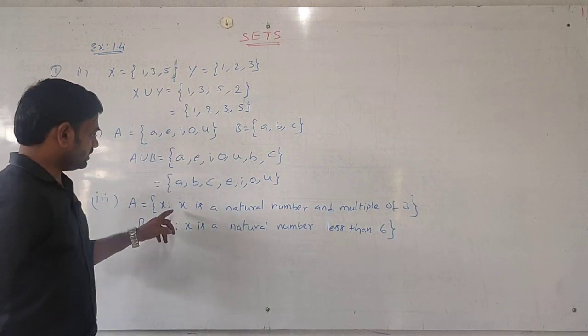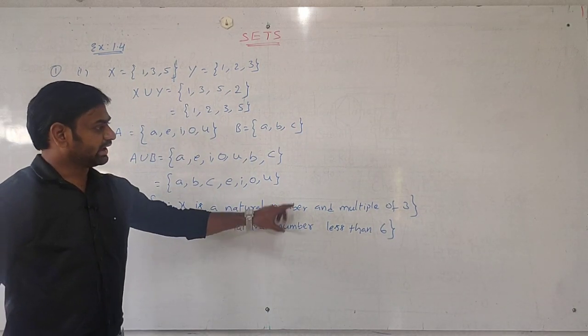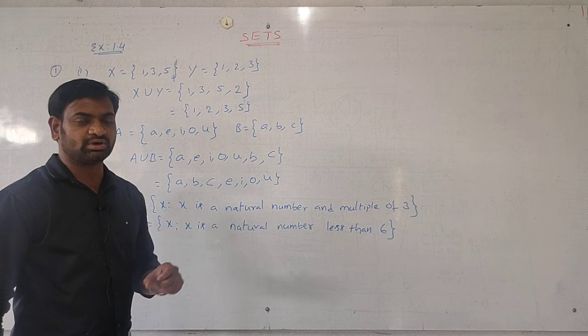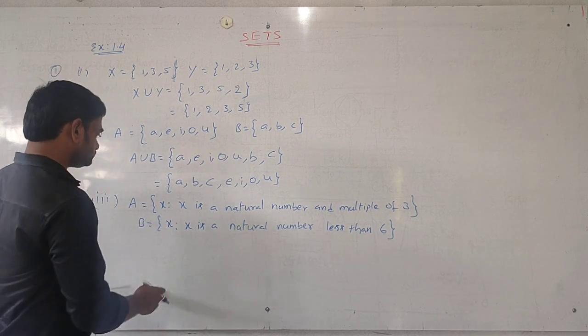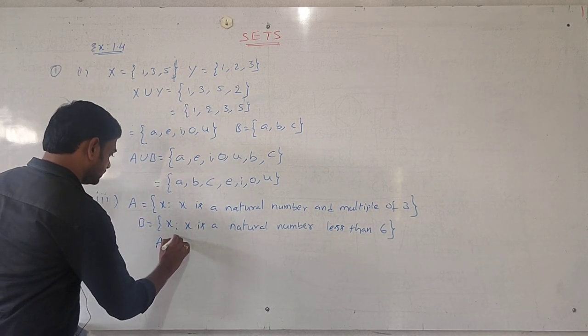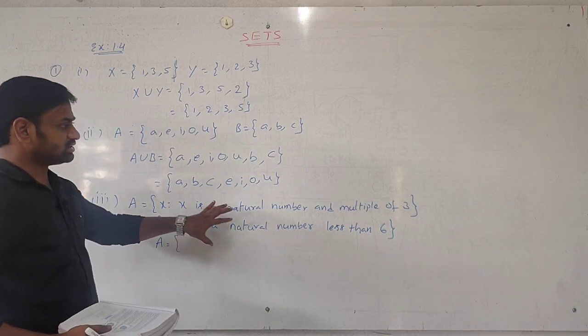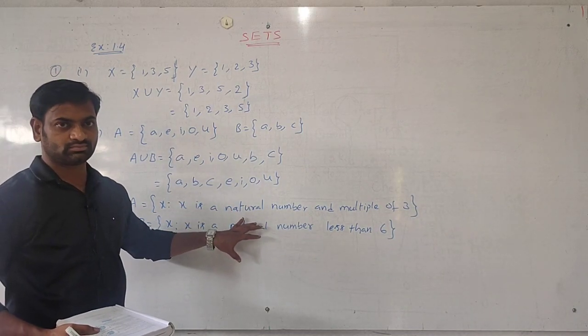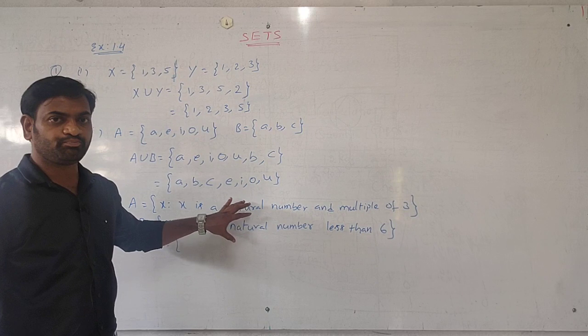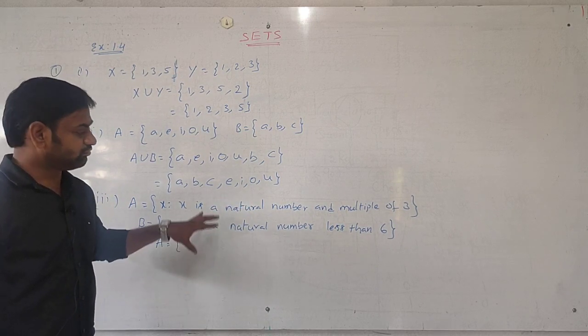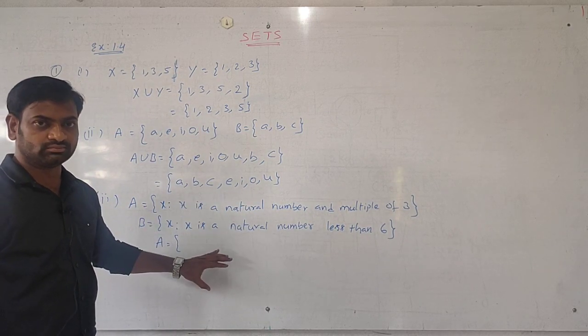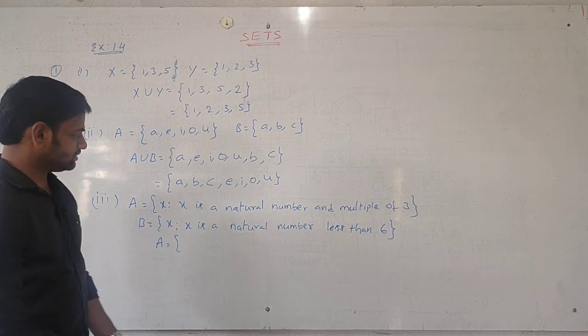Now see, x is a natural number and a multiple of 3. In the natural numbers, what are the multiples of 3? That is capital A. So these are in the set builder form. What is given is in the set builder form. Now we have to convert into the roster form, then we have to find the union.